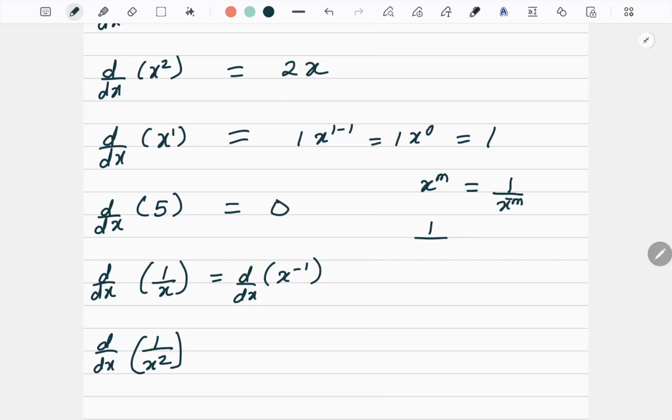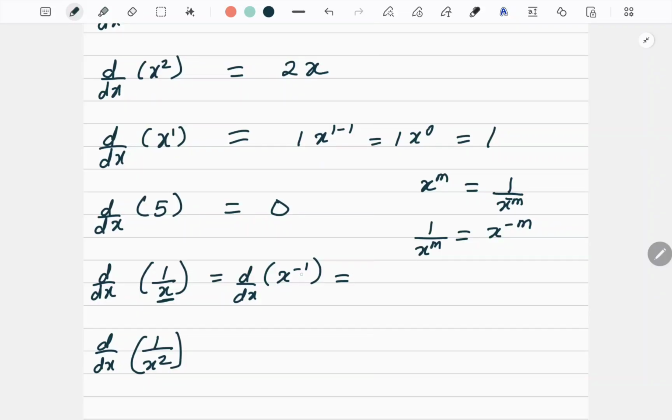Same way, if you have 1 upon x to the power m and you want to bring it up in the numerator, it becomes x to the power minus m. So from numerator to denominator, it will get a minus sign. From denominator to numerator, it will get a negative sign. So here 1 by x, the power of x is 1. So when it goes in the numerator, it becomes minus 1.